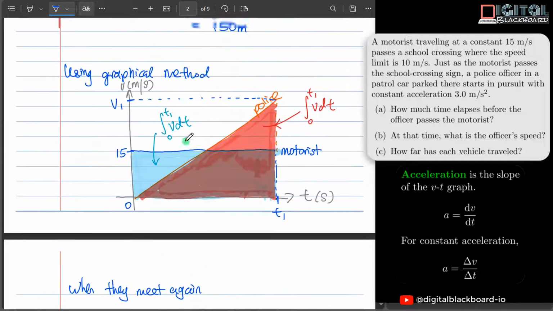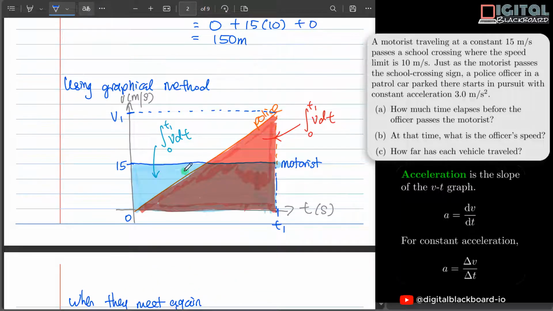From the graph, delta v is referring to this vertical distance here. So if I may draw this, this is delta v, and delta t is just this length here.